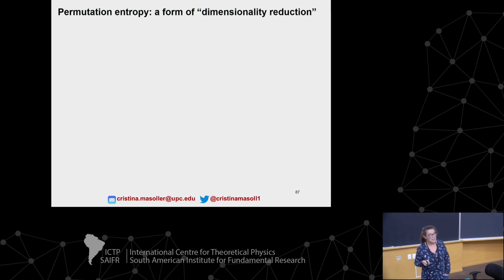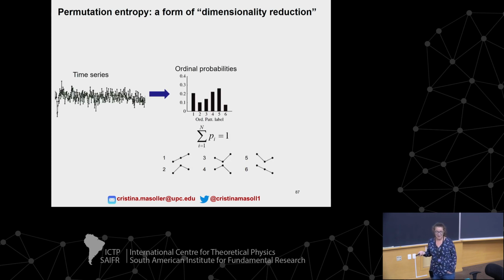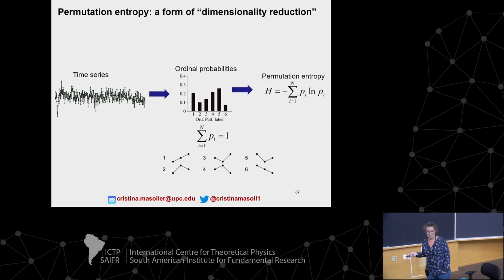The permutation entropy is an example of what we mean by dimensionality reduction, because you have 6 probabilities, or 24, or 120. These are features. But when you compute the permutation entropy, you compress all these features into just one. If you want to put it in a 2-dimensional plane, you need another feature that is as independent as possible from this one.